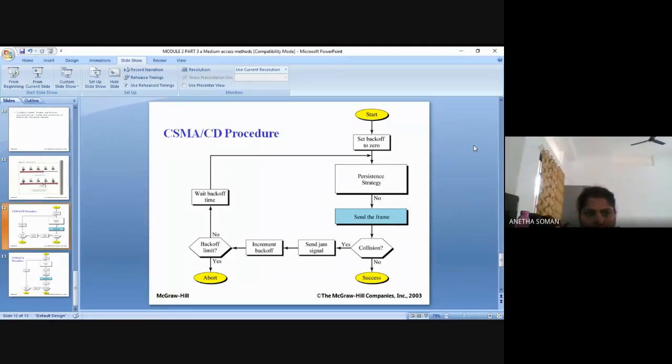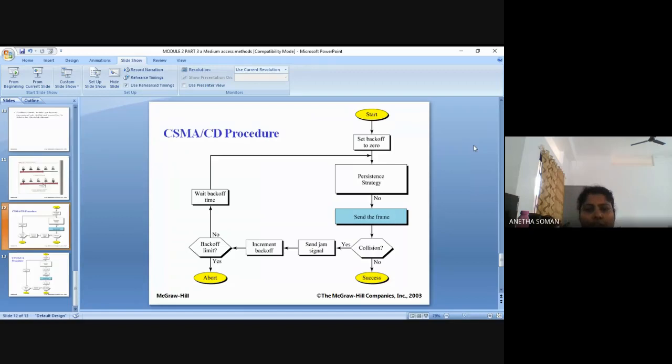Now understand that CSMA/CD is an algorithm that handles the collision. When a station has a frame to send, it will send the frame and monitor the link to check whether the transmission was successful or not. If it receives an acknowledgement from the receiver, it understands that it was a successful transmission. What happens if there is a collision?